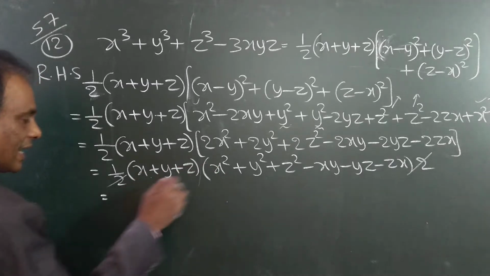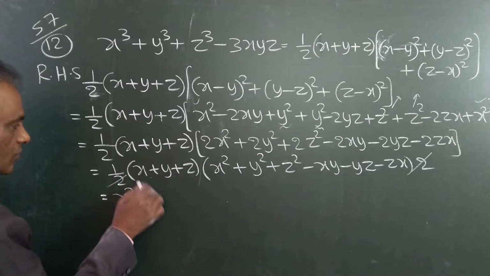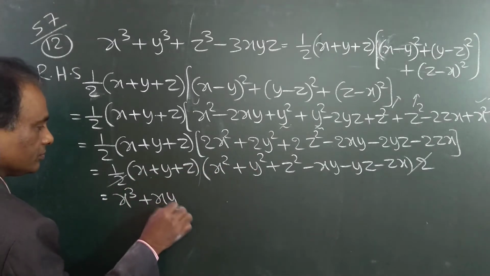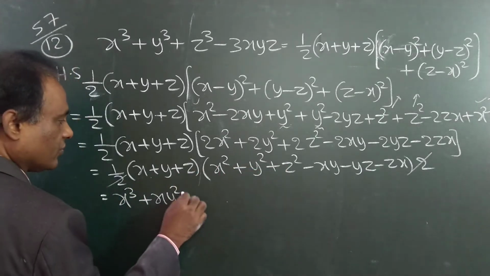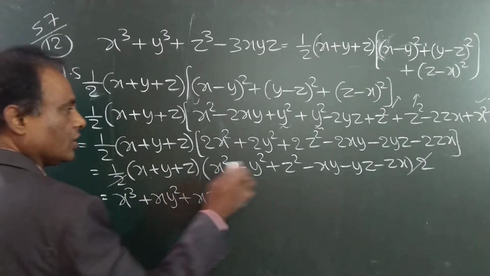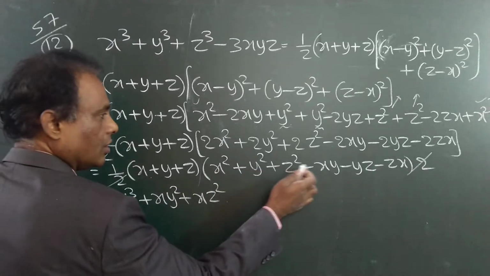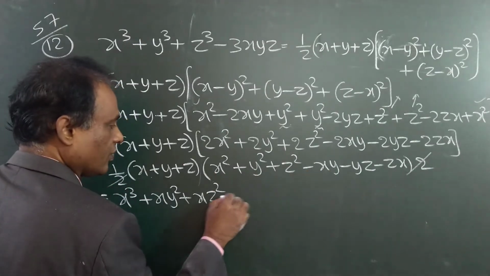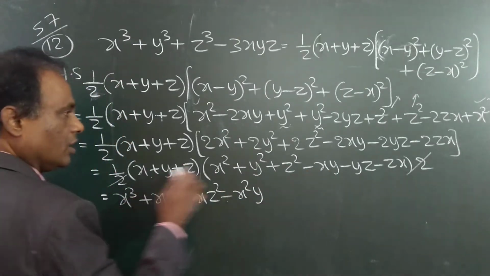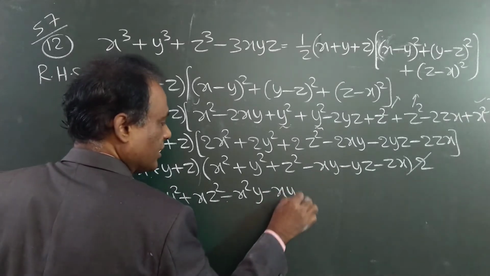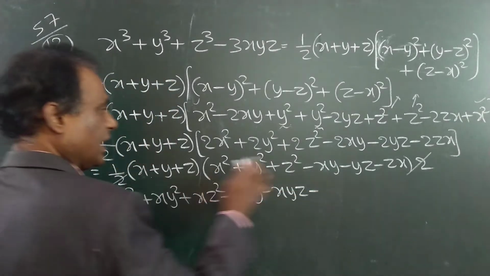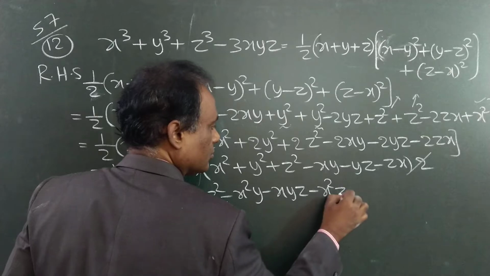If you multiply directly, x times each term: x cube, xy square, xz square, minus x square y, minus xyz, minus x square z.